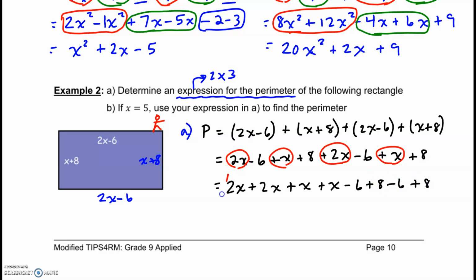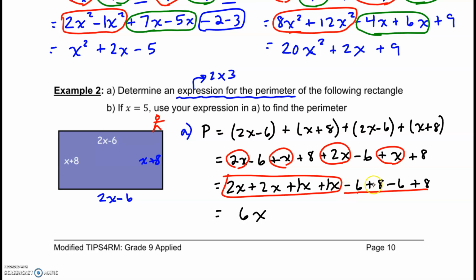All right, I'm going to get my answer for all my x's, and then I'll get my answer for all my constants. So 2 plus 2 is 4, plus, we know there's an invisible 1 here. 2 plus 2 is 4, plus 1 is 5, plus 1 is 6x. And I have, oh, I almost forgot that negative. Don't think of it as 6, that's a negative 6.